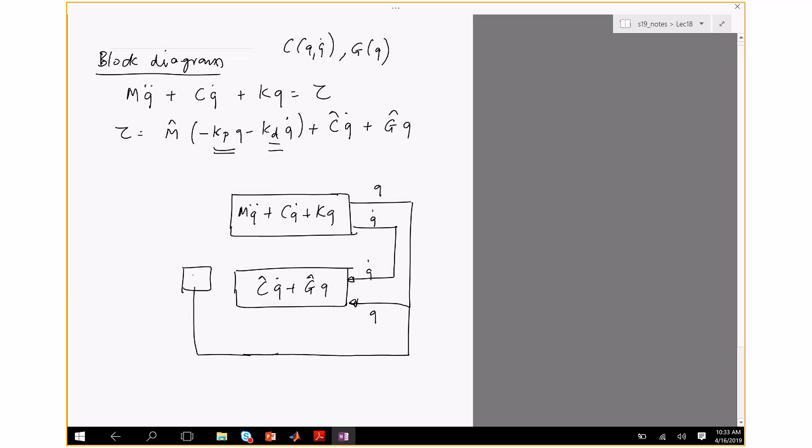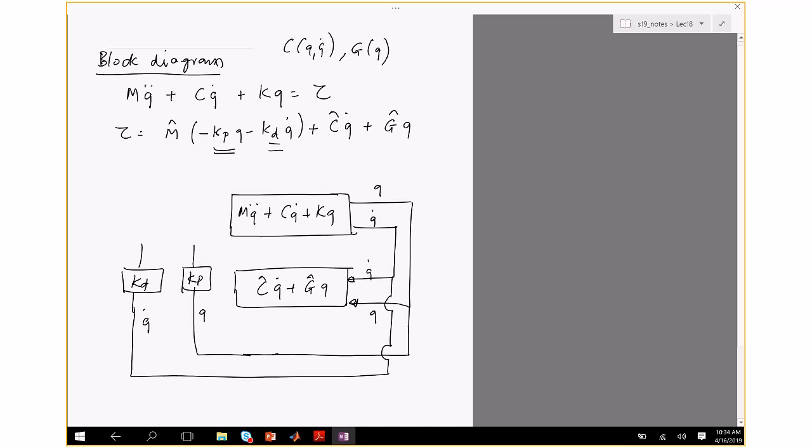So move on. Multiply this with, since this is q, I multiply this with kp, and then there's kd. So q is fed here, q dot comes from that. Okay, what else do I need?